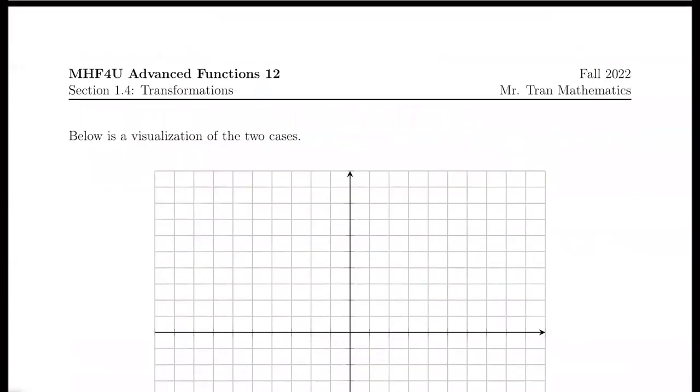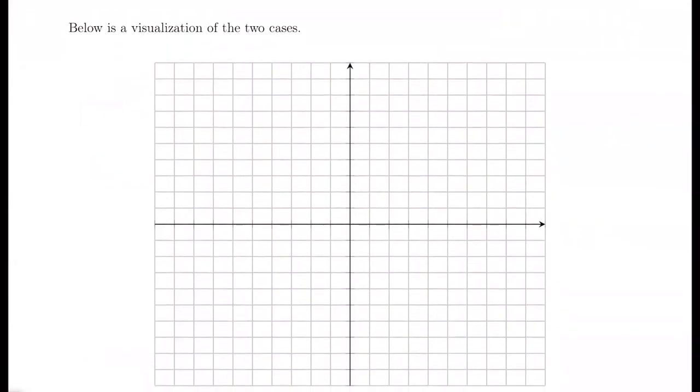So let's have a look at the visualization. This time we'll go with the cubic function as the base function. So we'll have a look at y is equal to x to the 3rd power, make it simple again. We're going to use the same axis, but we're going to go up by 2's this time. 6, here we have 8, -4, -6, and -8, and then we'll have -1, -2.